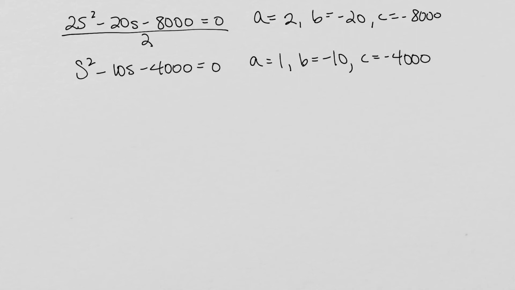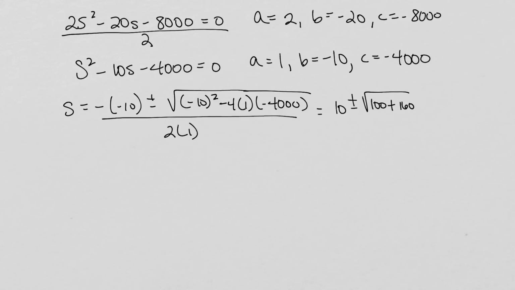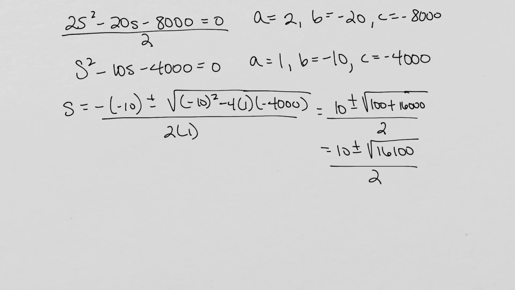For the quadratic formula, S equals the opposite of a negative 10, plus or minus the square root of negative 10 squared minus 4 times 1 times negative 4,000, over 2 times 1, which equals 10 plus or minus the square root of 100 plus 16,000 over 2, which is 10 plus or minus the square root of 16,100 over 2.